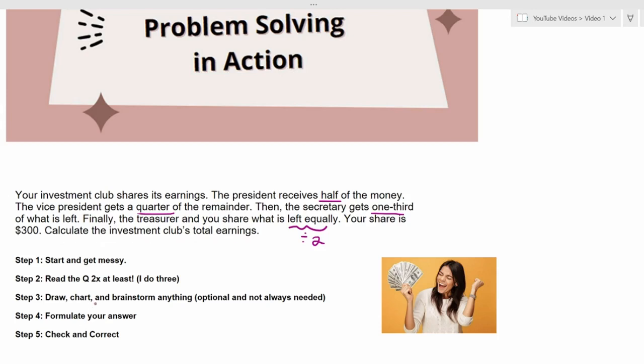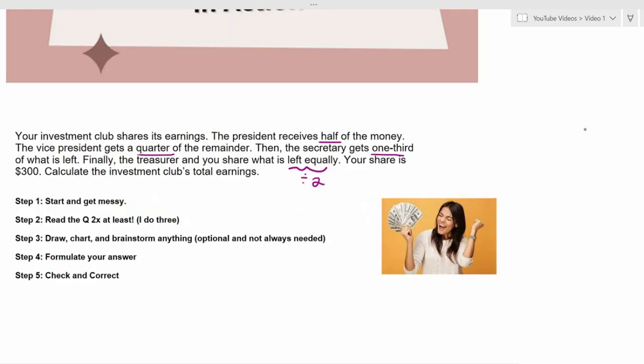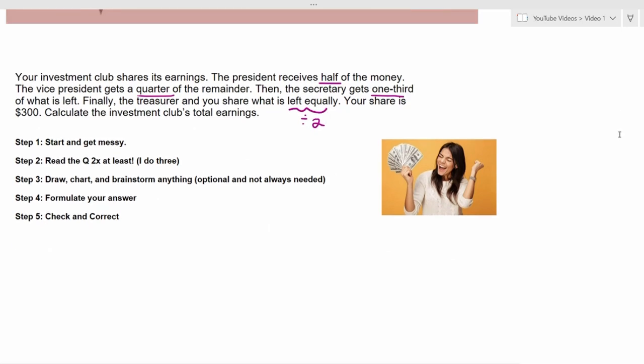So if you can draw a chart or brainstorm in some way, then go for it. I'm a very visual learner. It's not always needed to do this. I feel like what I started to do when I first read this question was write down in words to piece together what each person was getting.